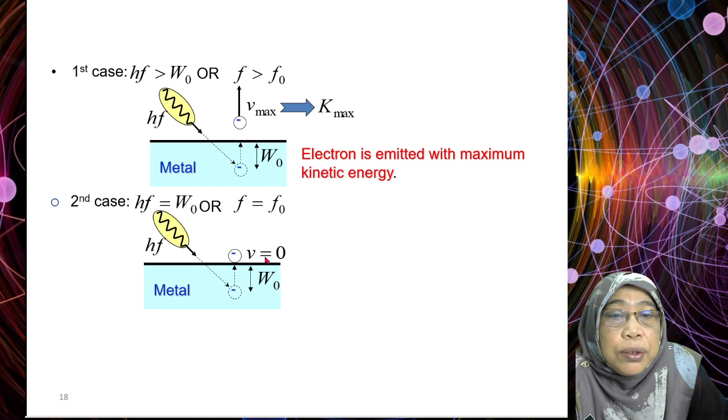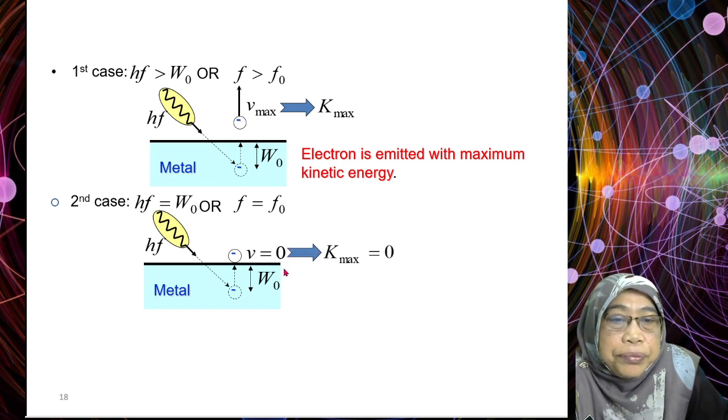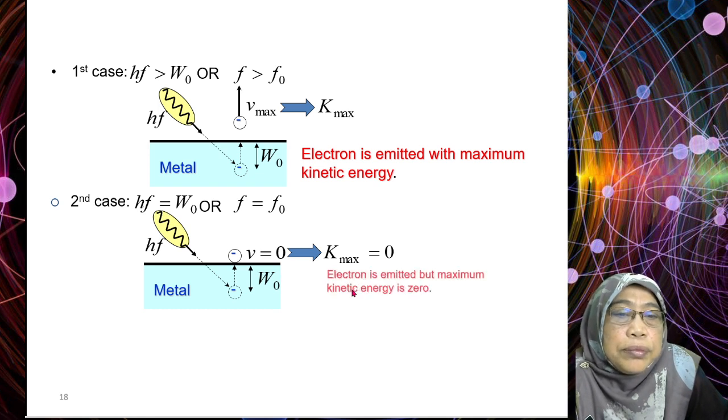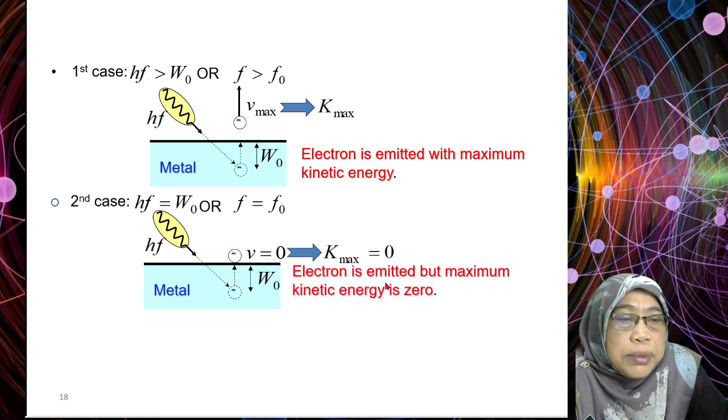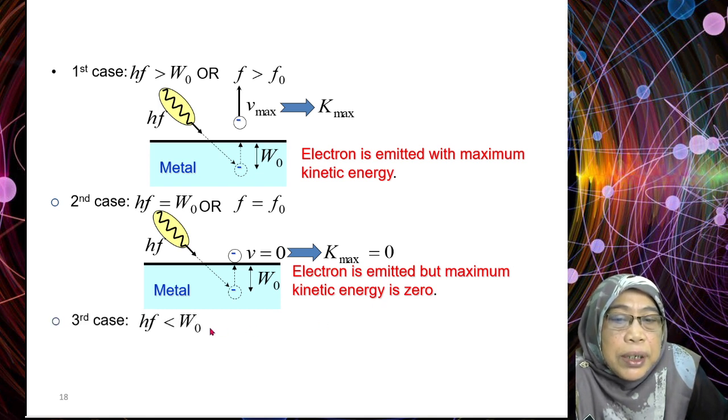That's why v equals 0. It is just enough to eject the electron from the metal. When hf equals W0, there is no more energy for the kinetic energy. So K maximum here equals 0, because all the energy goes to the work function. The electron is emitted, but the maximum kinetic energy is 0.